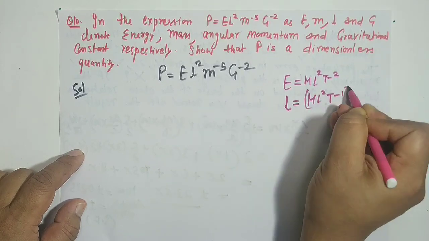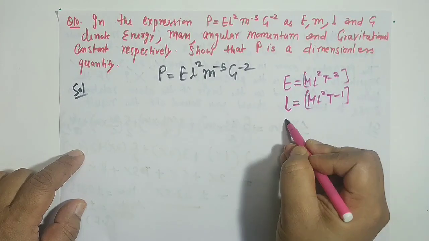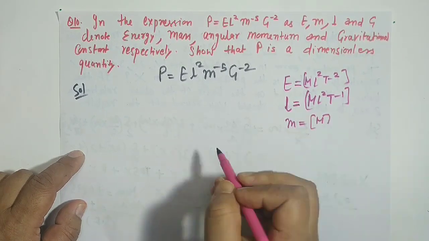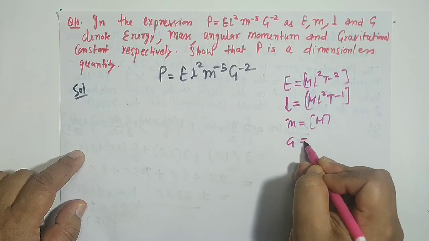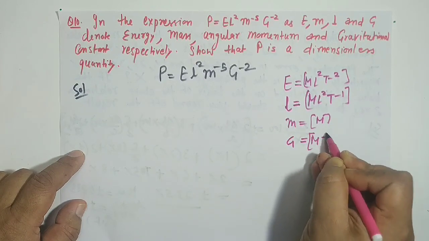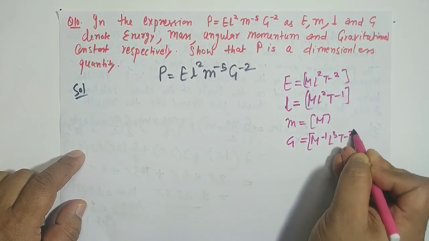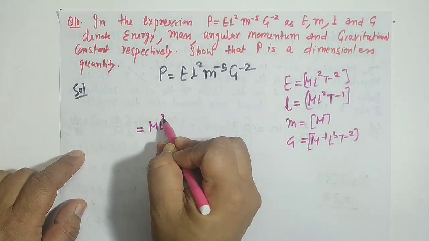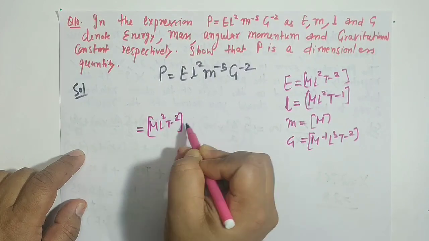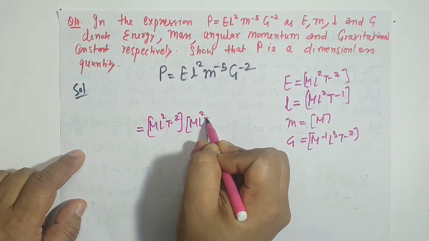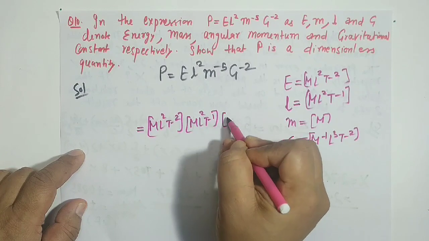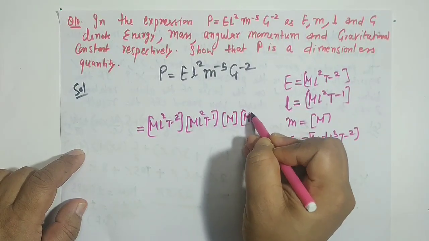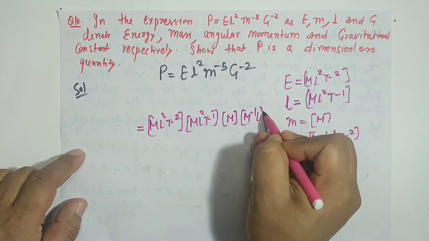Mass is capital M. And at the last, the gravitational constant is M to the minus 1 L cubed T to the minus 2. So put them here and we'll check it.